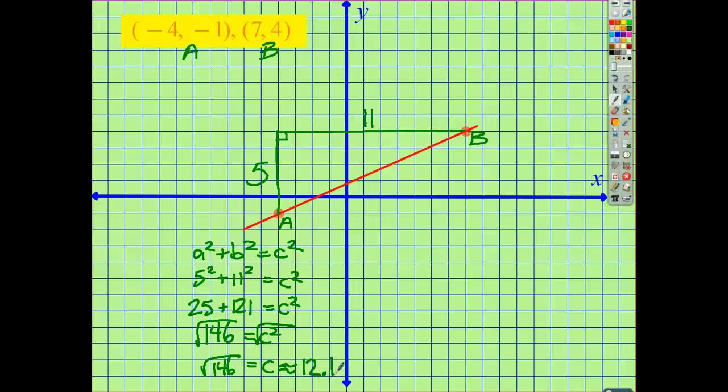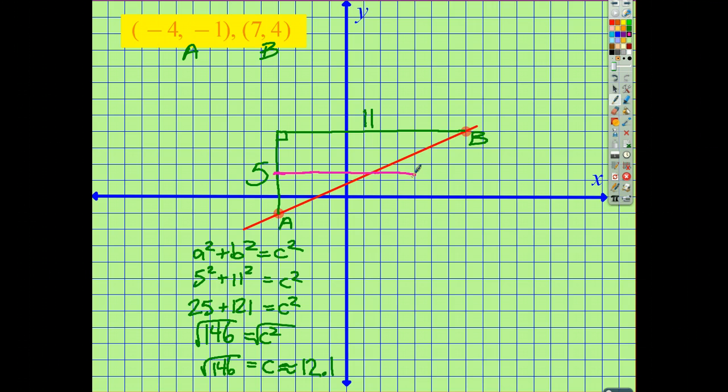Well, what I want you to do now is let's talk about what the midpoint will be. What's halfway between A and B? If this is 5, then half of that is 2.5. So if I go up 2.5, this would be the midpoint line there.